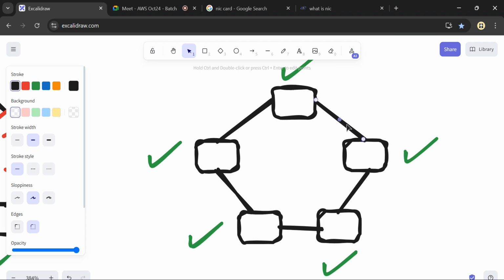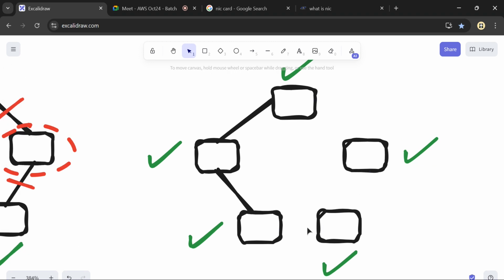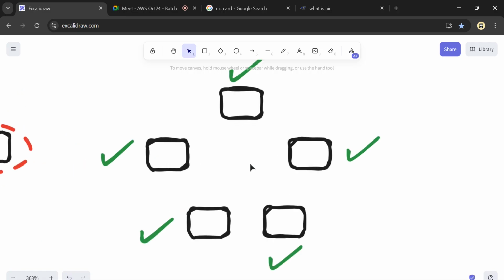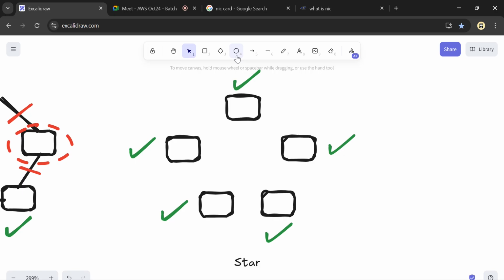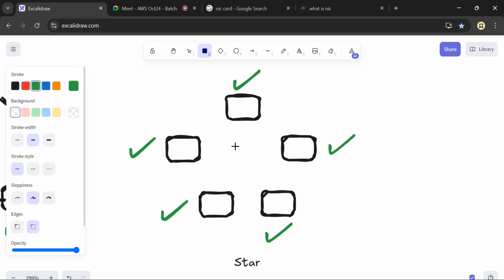So instead of this, they will have a common device like this. Maybe you can take an example of a router, right? So they will be connected commonly via a router or any other device like this.